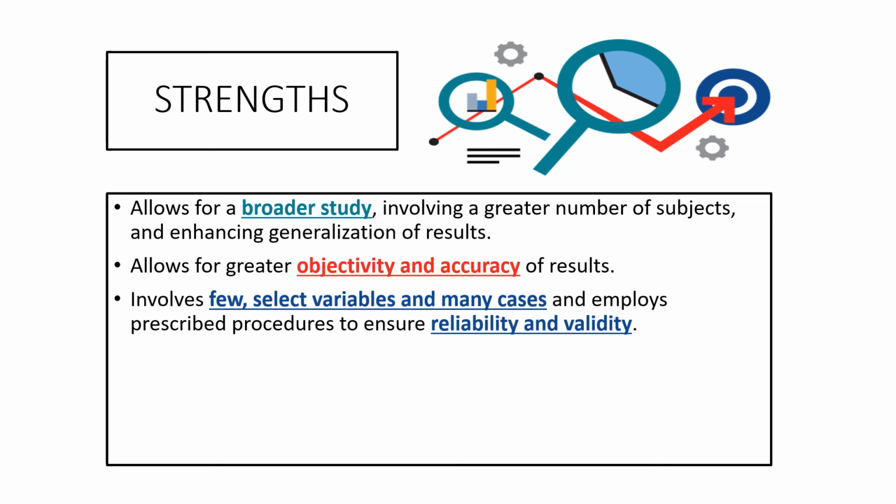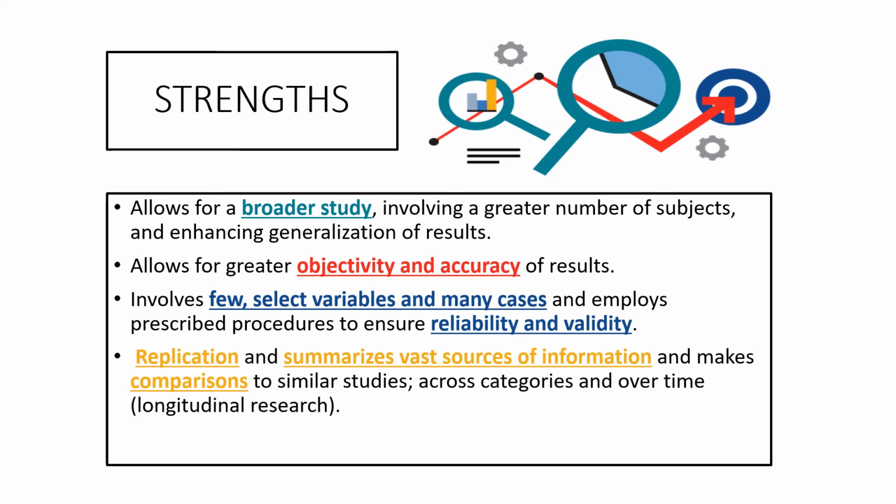Reliability and validity can be controlled and enhanced as per the experimenter or the researcher's need. Replication and summarizing of vast sources of information to make comparisons across similar studies, across categories and over time is possible with quantitative methods. Replication is the ability to verify the results obtained in one study when the study is conducted in other settings by other researchers.